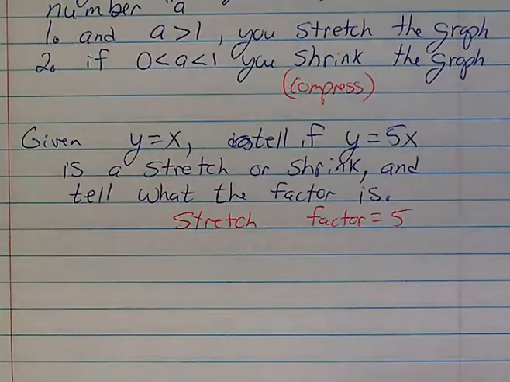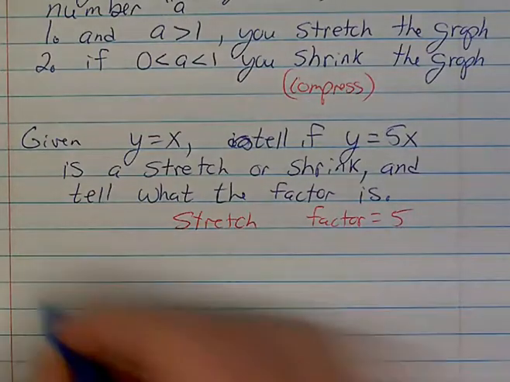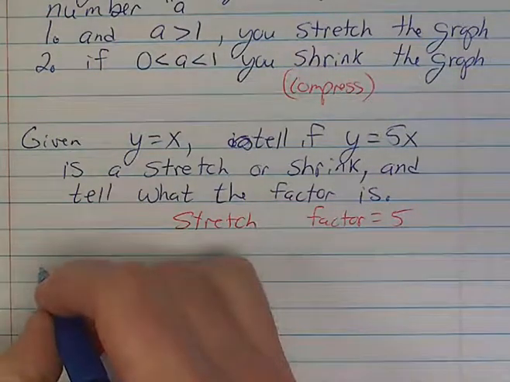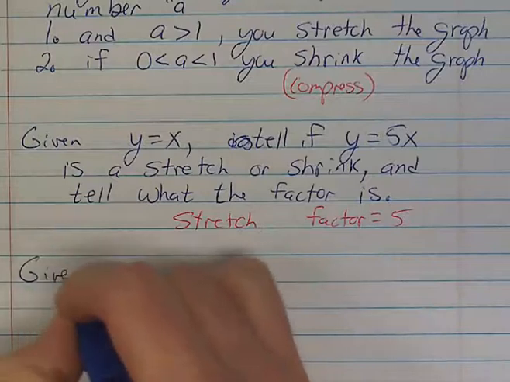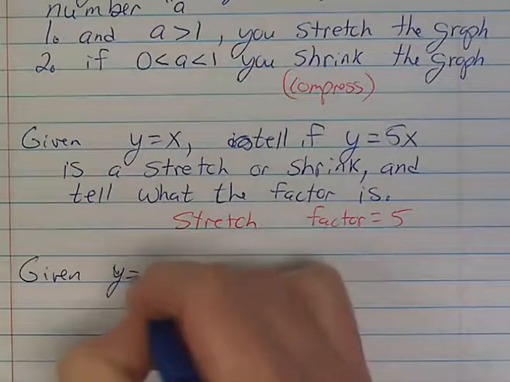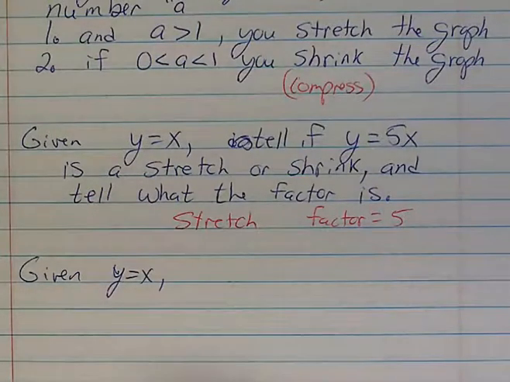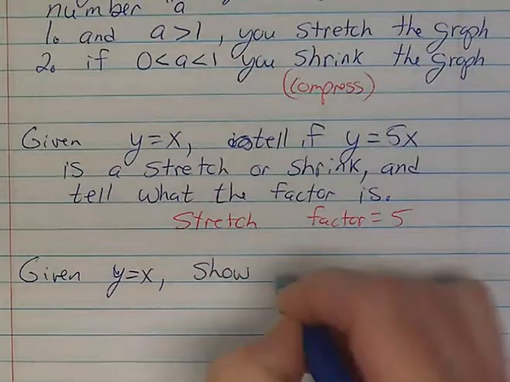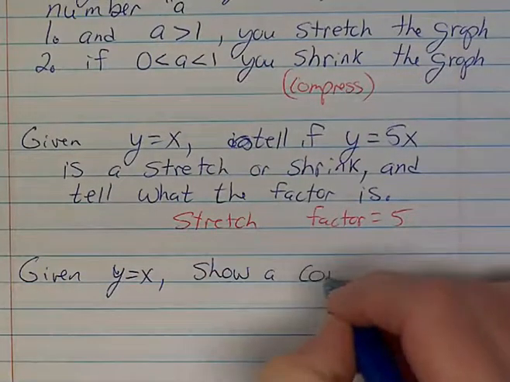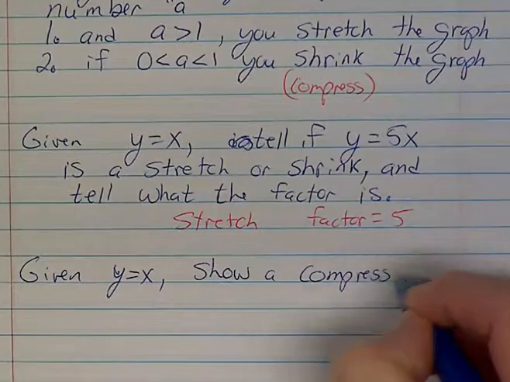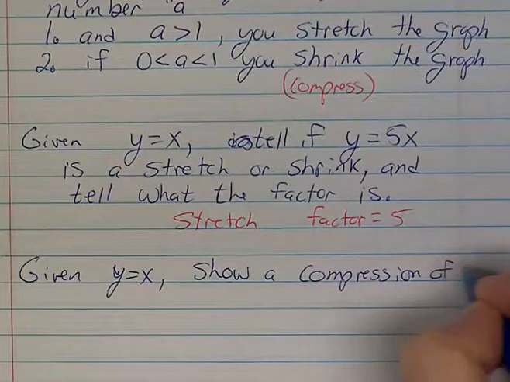Okay. The other thing they may do is something like this. They may say, given y equals x, show a compression of 2/3.